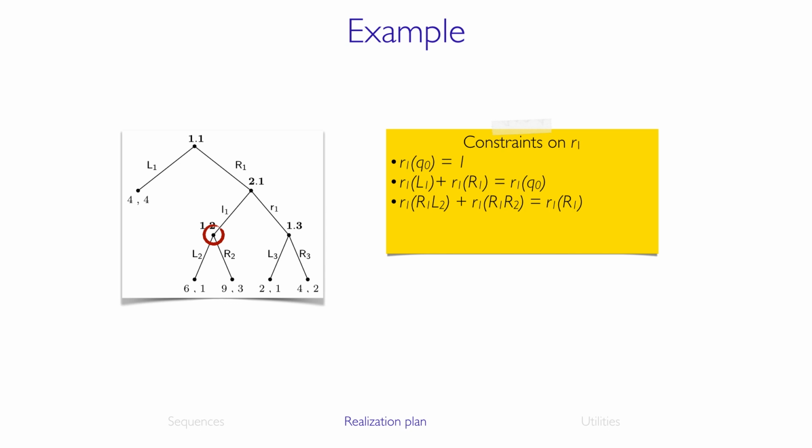The constraint forces the cumulative probability of uppercase R1, uppercase L2, and uppercase R1, uppercase R2 to be equal to the probability of uppercase R1. Similarly, at information set 1.3, the cumulative probability of uppercase R1, uppercase L3, and uppercase R1, uppercase R3 is equal to the probability of uppercase R1.